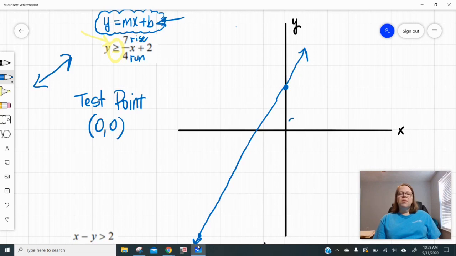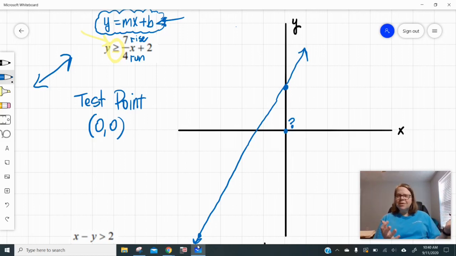So what I'm saying is, is this point right here a solution to this inequality, or is it not? And so we're going to test that. The only time I wouldn't use 0, 0 is if that point was actually on the line already. Then I would need to pick a point that's somewhere over to the right or to the left of it.